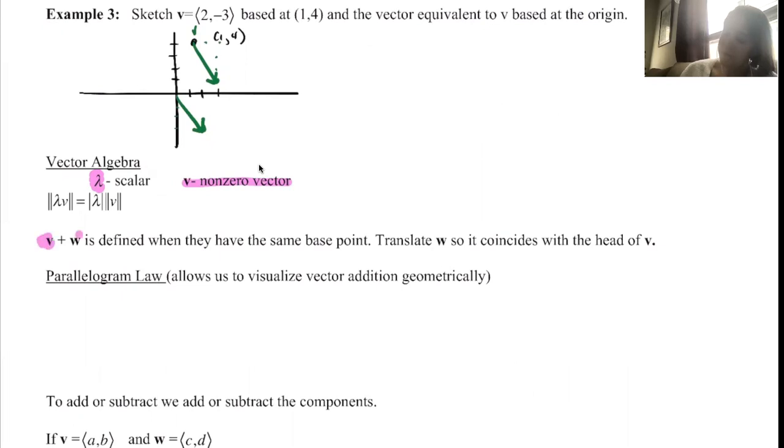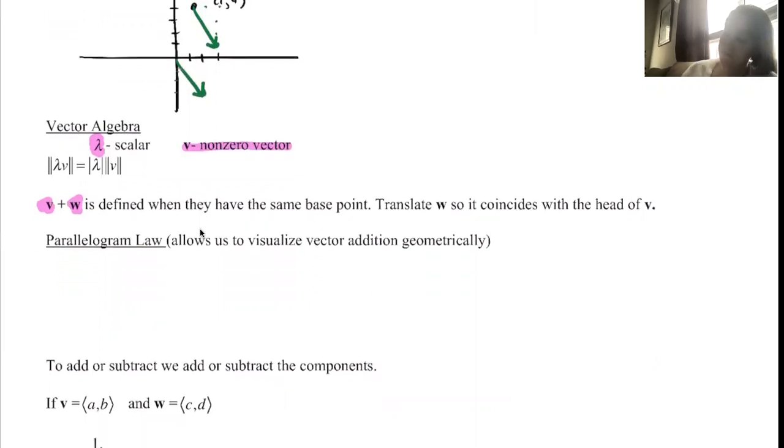V plus W, two vectors being added, is defined when they have the same base point. You can translate W so it coincides with the head of V. I think you've seen this before if you're a physics student.